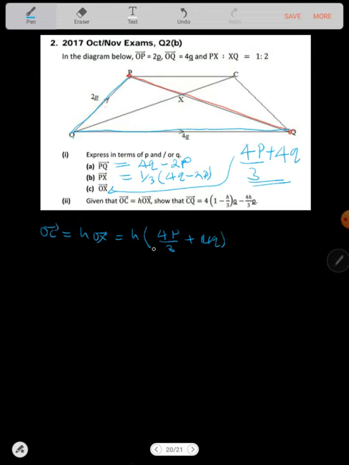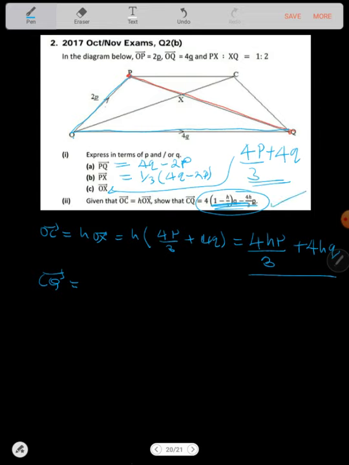So this is just the same as 4HP over 3 plus 4HQ, like that. So we keep that. Then they're saying show that CQ is equal to this. We don't have to start solving this. We just have to find CQ and prove that it's actually equal to this.